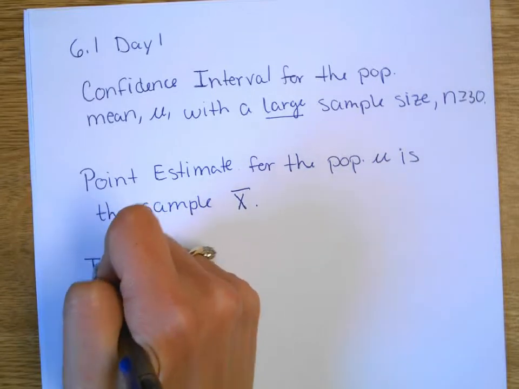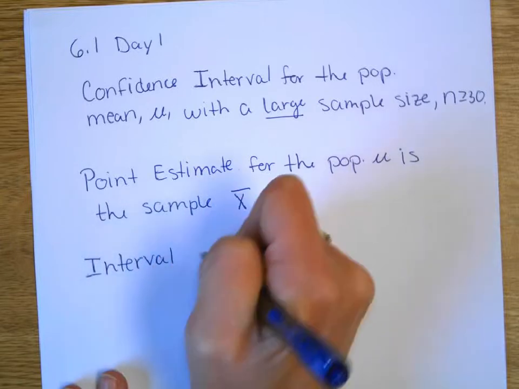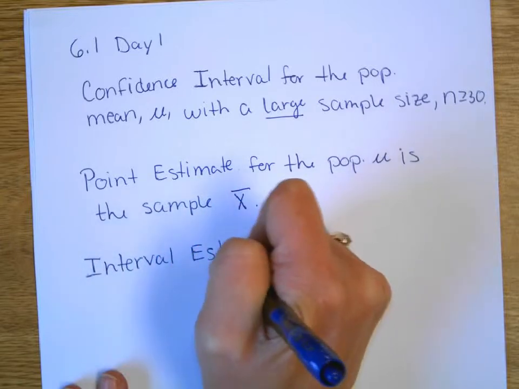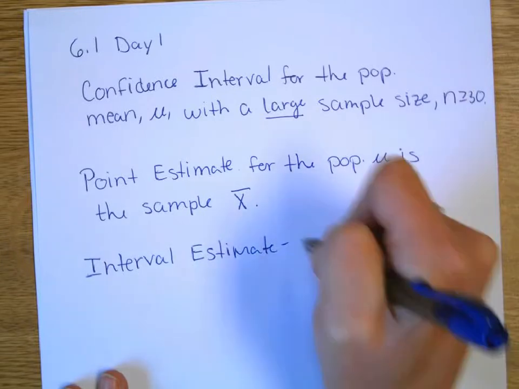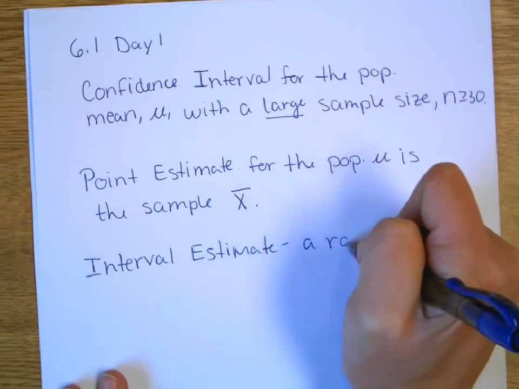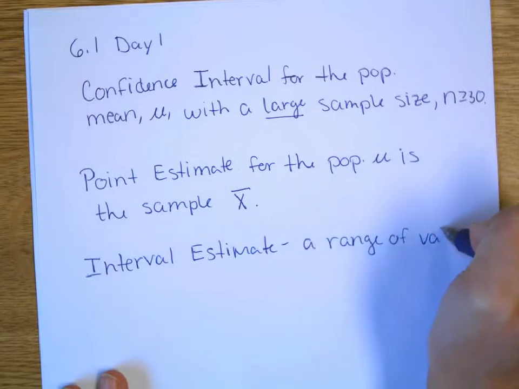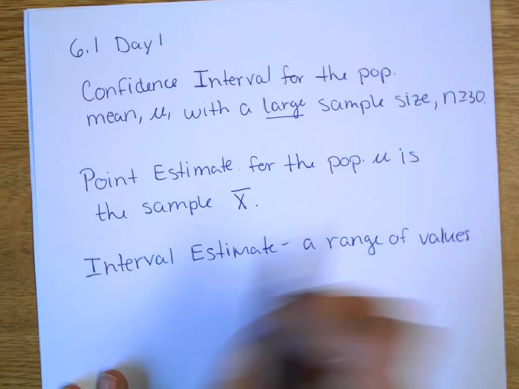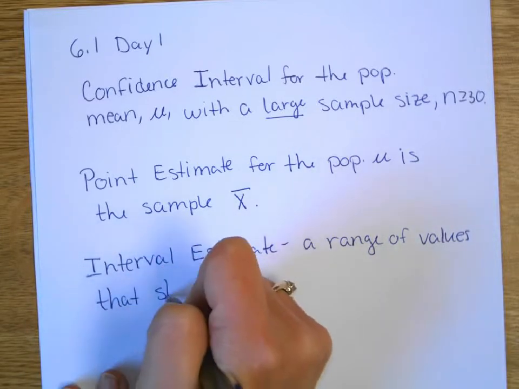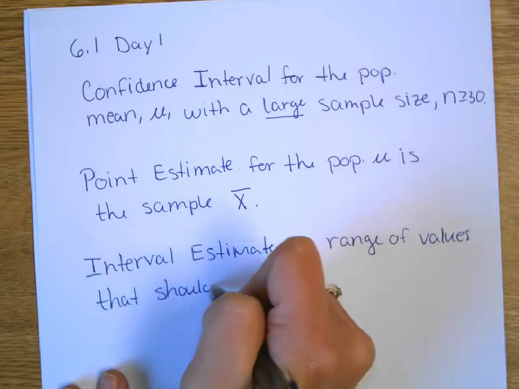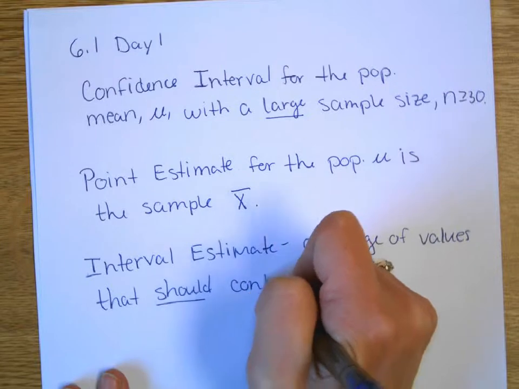And then we move on to what I've been talking about. It's called an interval estimate. It is a range of values that should contain the population mean.